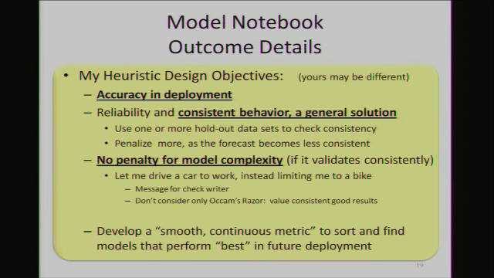And I try and push back on that a little bit with this analogy. Or sometimes the mathematical people will be very rigorous about Occam's razor. And I have a preference of pushing back against that. So my objective is I want to develop some kind of smooth, continuous metric to sort models. And I want to find out what will be best going ahead in the future.